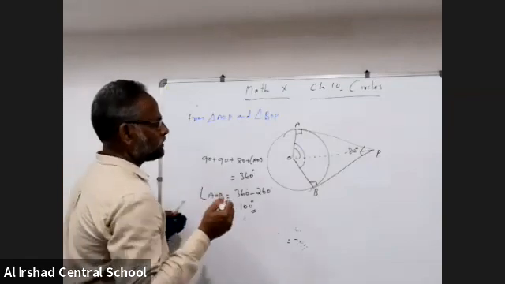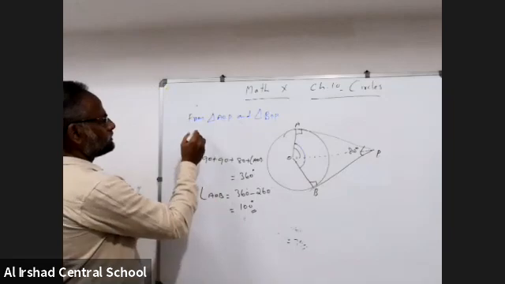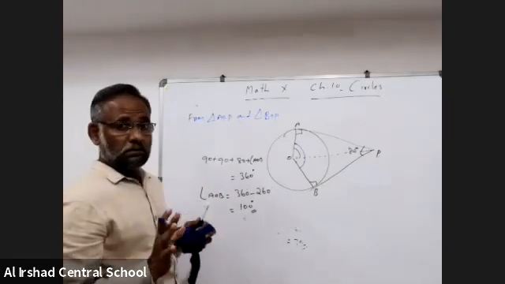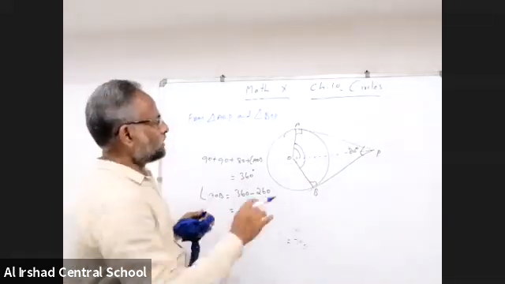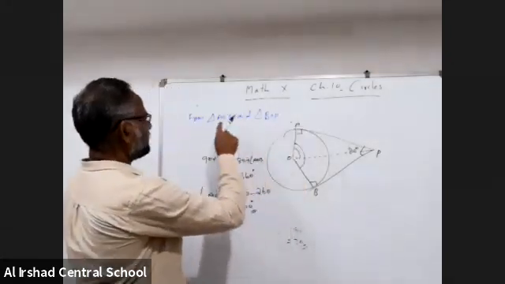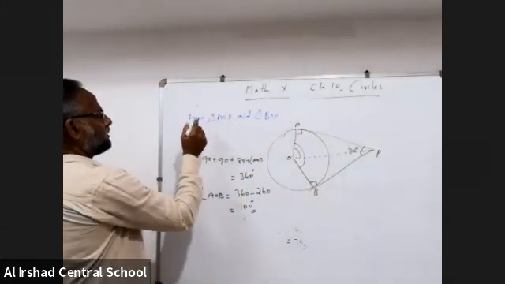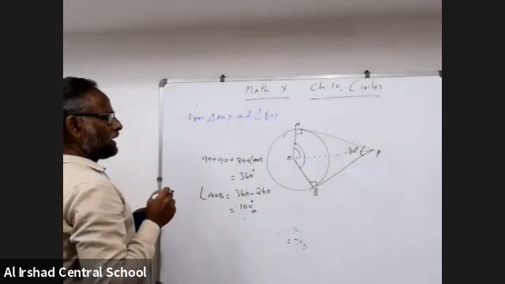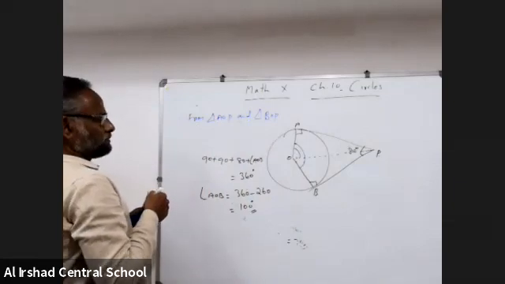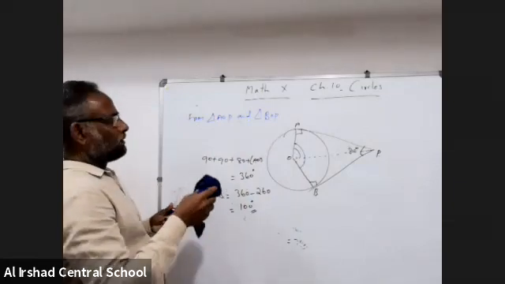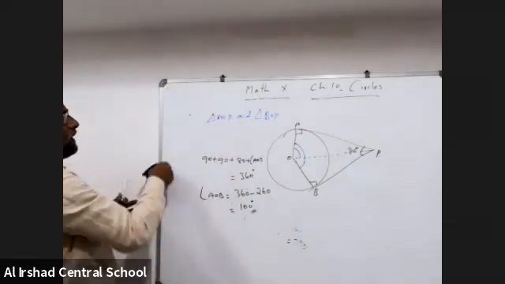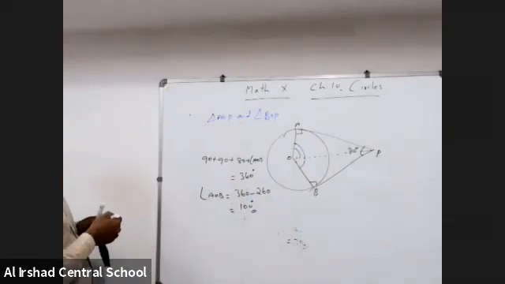AO is equal to BO. Can I say it is a right triangle? Yes, of course, because of the perpendicular. So from right triangle AOP, then RHS congruency you can apply.